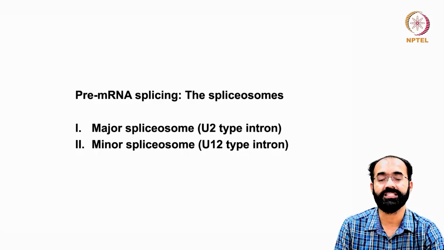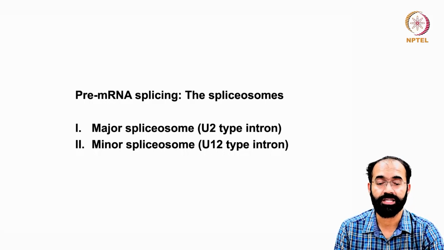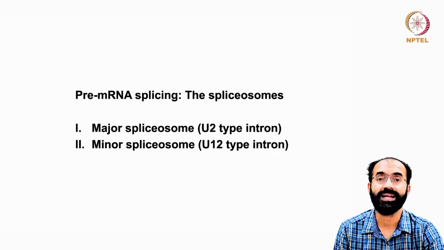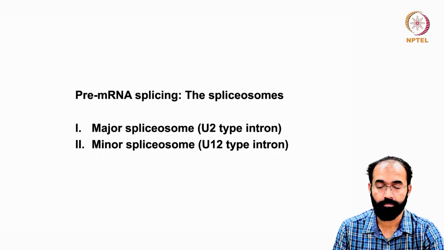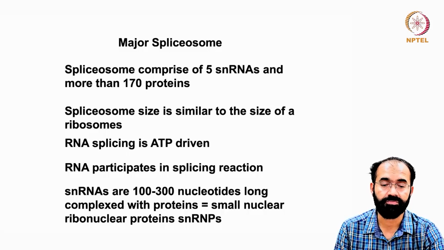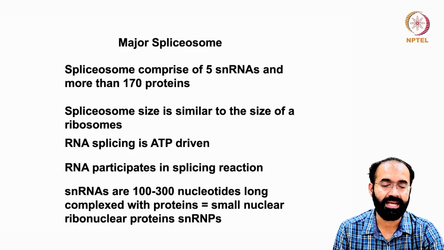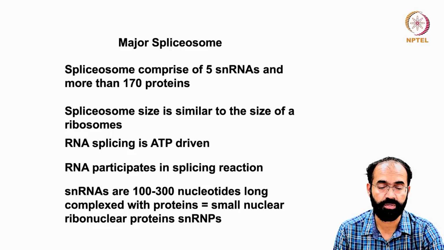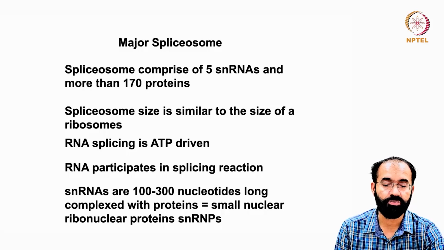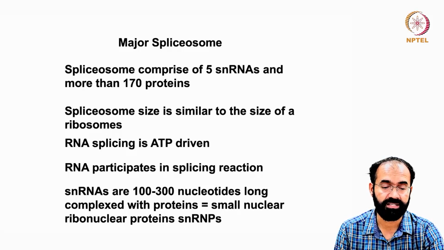But the main difference is that U1 and U2 are used in the major spliceosome, whereas U11 and U12 are used in the minor spliceosome. The major spliceosome consists of 5 snRNAs and more than 170 proteins are involved, and the spliceosome size is similar to the size of the ribosome itself.